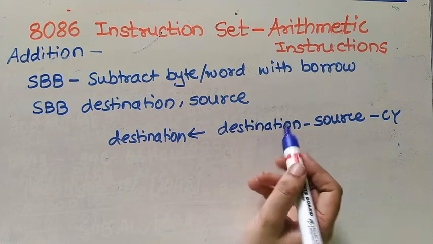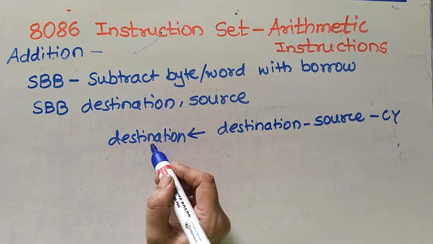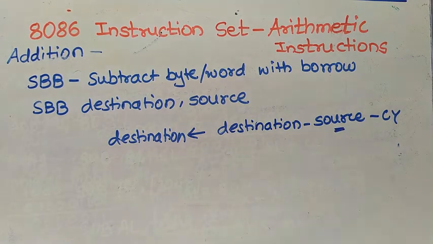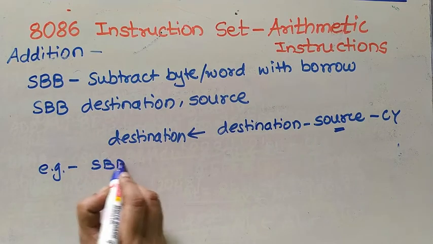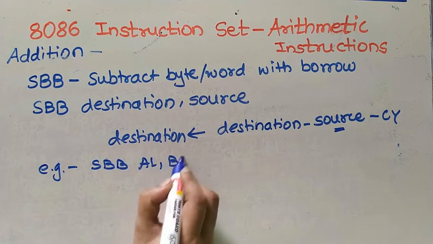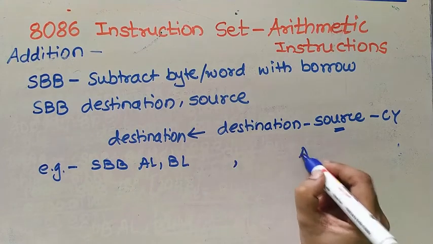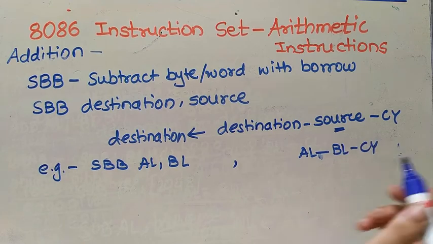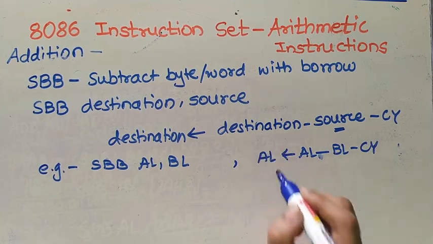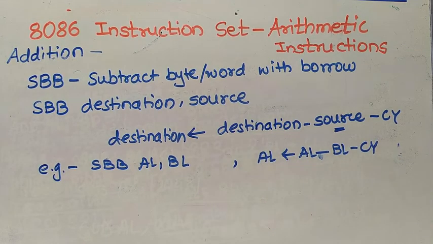In this case the contents of source remain unchanged. Let's consider the example SBB AL, BL. Here from AL, BL as well as carry is subtracted and the result is stored back into the AL register. So this is the subtract byte or word with borrow instruction.